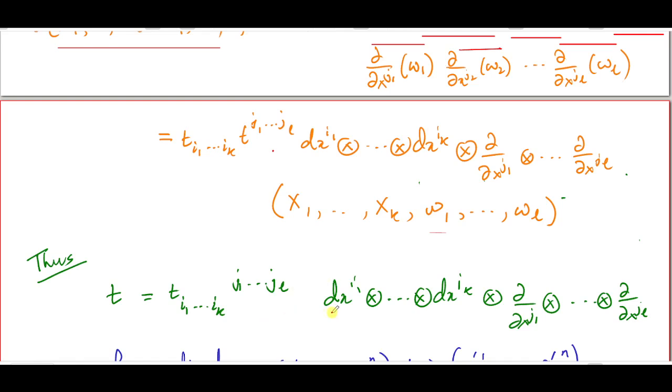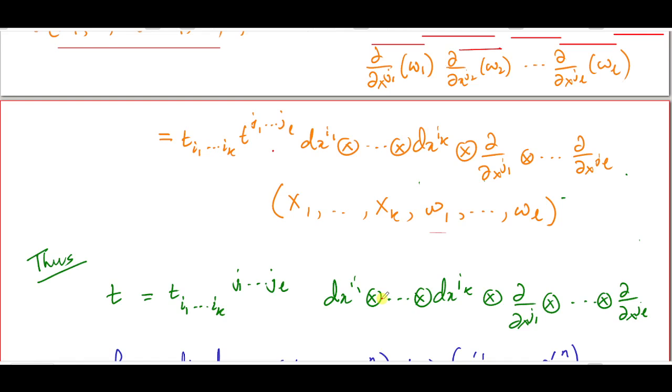These are the component functions. You have to multiply them by a basis: dxi1 tensor product with dxi2 all the way up to tensor product with dxik, then tensor product further with del del x j1, del del x j2 up to del del x jl. This is a complete characterization of a tensor provided you are using a coordinate system.